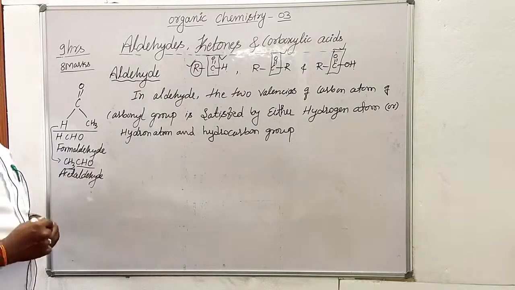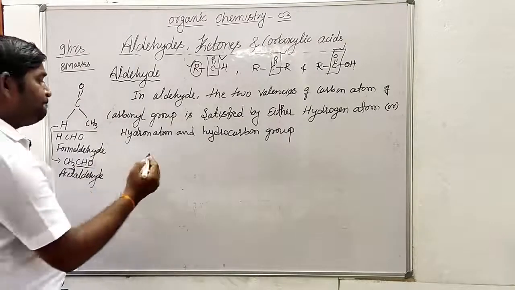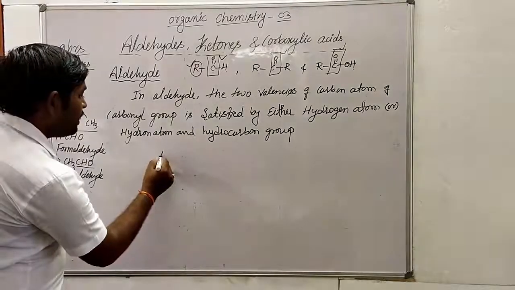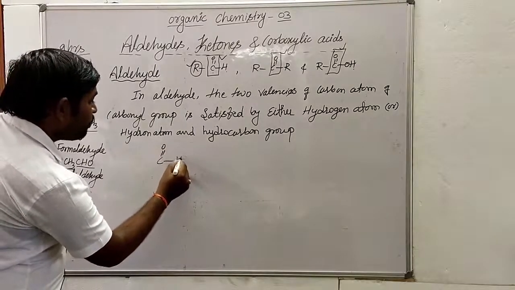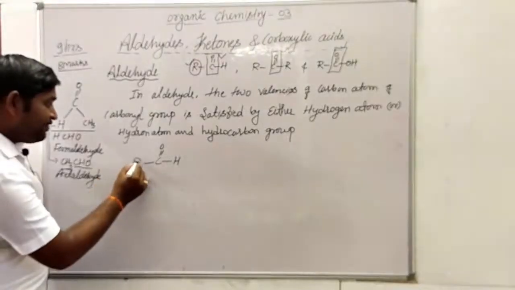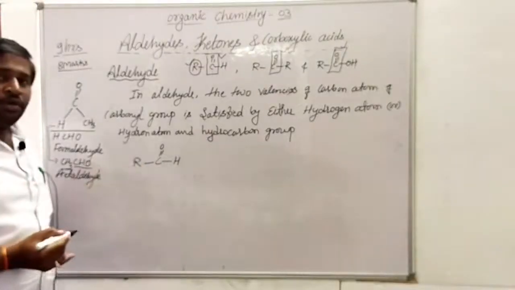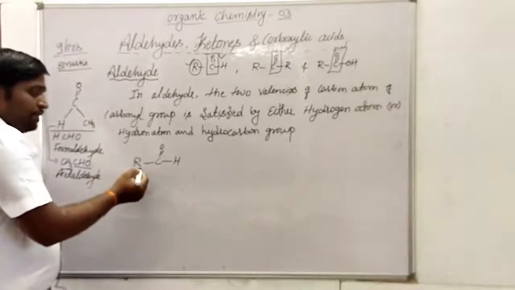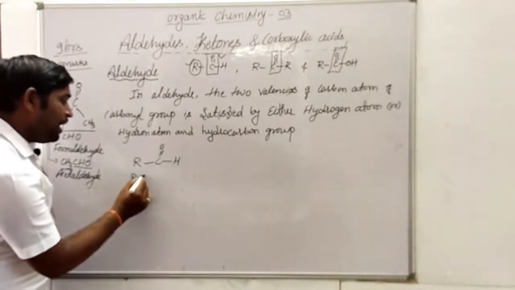So many examples we may consider. For example, C double bond O. Here one valency is satisfied by hydrogen, another valency may be satisfied by any hydrocarbon group, that is R. R is nothing but an alkyl group.